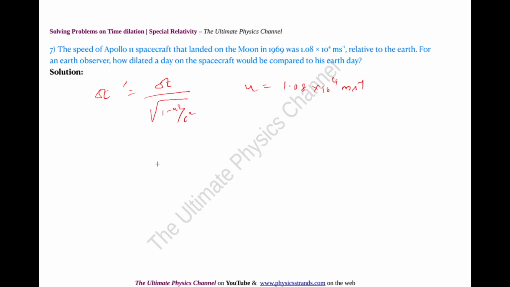So 1 over the square root of 1 minus this thing. Doing the squaring, I get 0.1296 times 10 power minus 8, because I'm squaring and dividing by 9 into 10 power 16 for c squared, so I get 10 power minus 8 here.